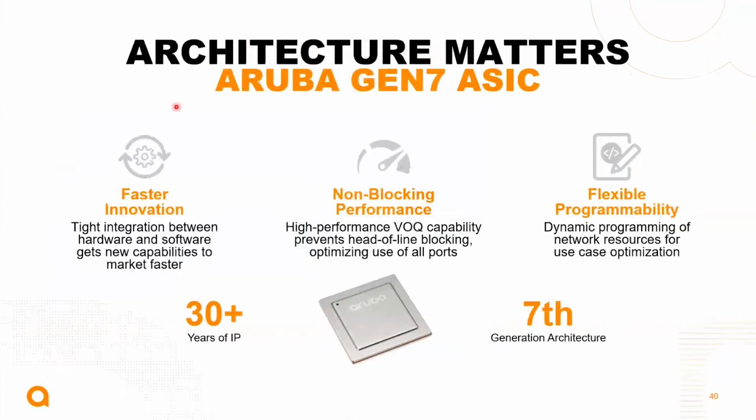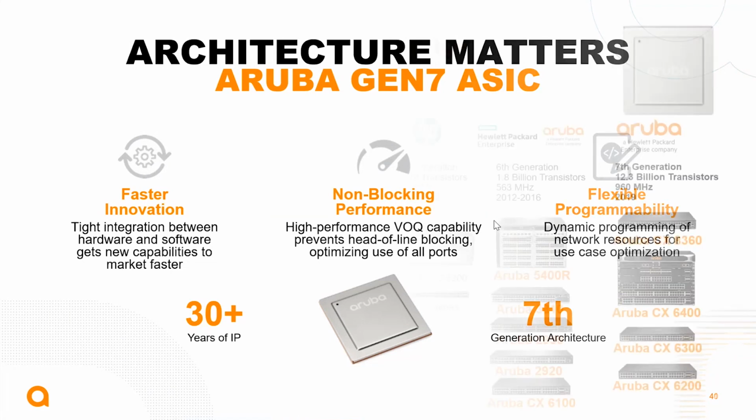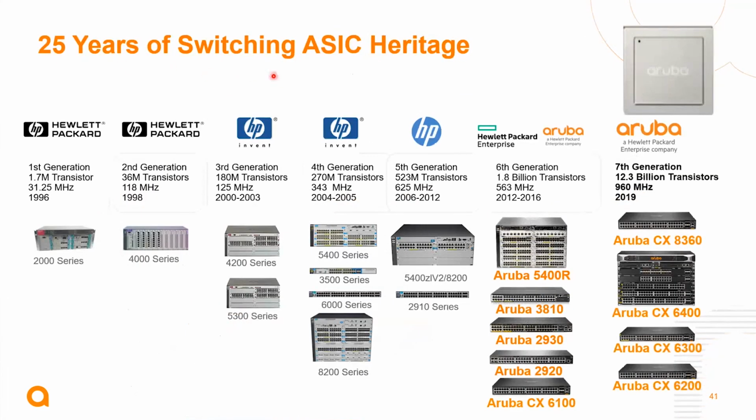This architecture uses our seventh generation ASIC. Our Gen 7 ASIC is built on over 30 years of experience, so we have our own intellectual property, the foundational technology from HP and Aruba, which helps us deliver innovation to our customers. Here is a glimpse of the history of our ASIC heritage.